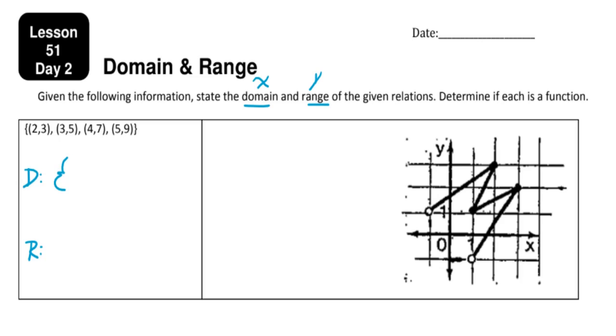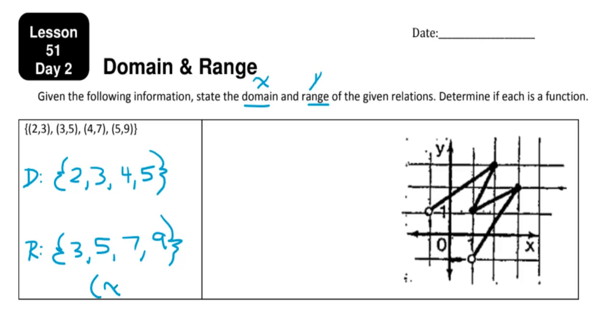I'm going to go through the points and take the first in each parenthesis. Those are my X's. And I'm going to do the same thing for range, except I'm going to go back and do the Y value. So the second number in each parenthesis represents my Y values. And I'm done.